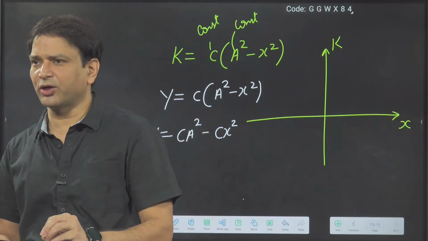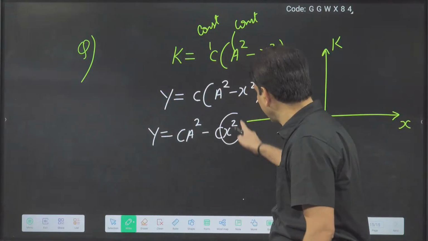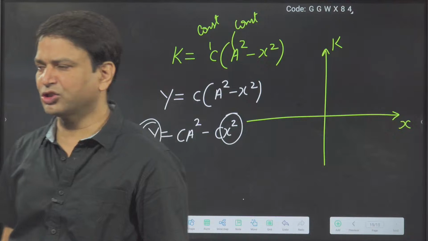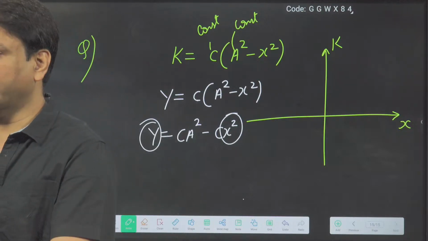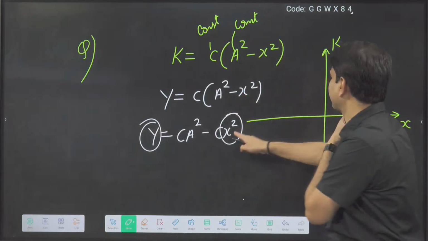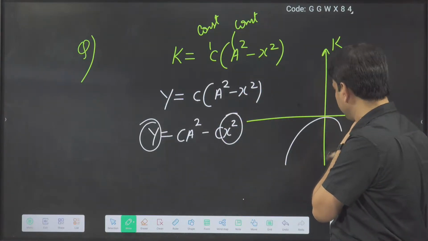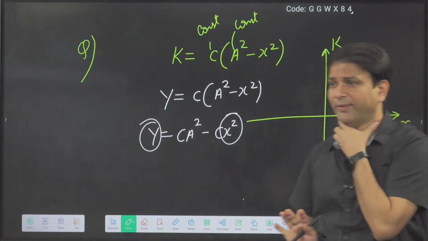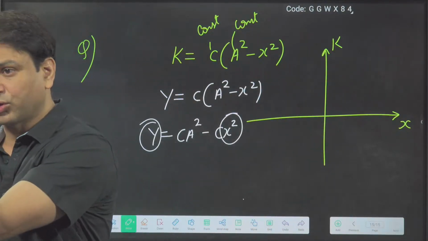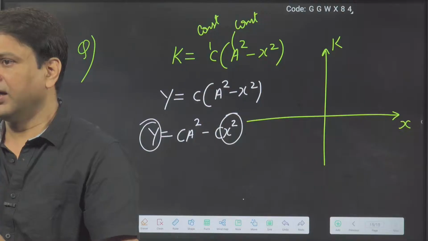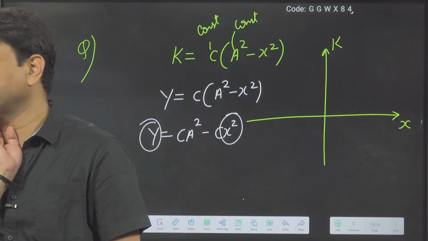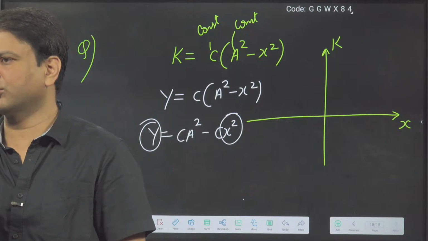So one thing everybody got: if you see this x square and y, x square and y means parabola, and x square means we have to make it symmetric about y axis. Somebody is thinking, sir, x square is equal to minus, so I can make like this. No, shape we have to make the same. What is the role of this constant? How we will decide this? If I am putting x is equal to 0 in this equation, what is the y value I will get? Y is equal to ca square.